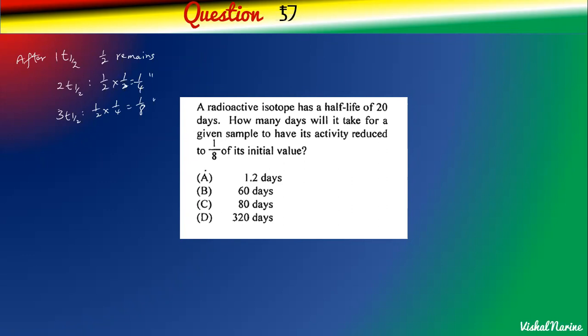After 2, it's going to be a quarter. After 3, 1/8. So basically we had to undergo 3 half-lives. And the question tells us that one half-life is equal to 20 days. So therefore, 3 half-lives is equal to 20 times 3, which is equal to 60 days. All right, so the answer there is B, 60 days.